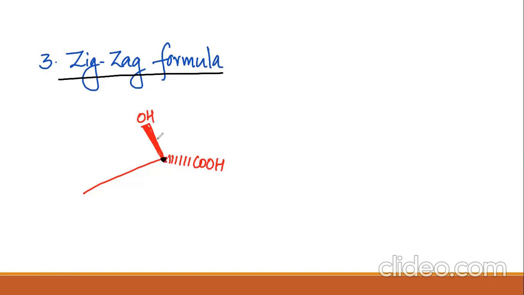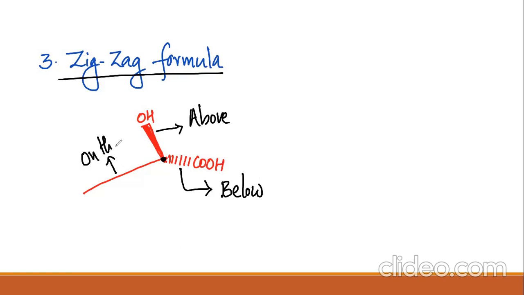Okay, others are the same. This dark line indicates that the bond is above the plane, and this dotted line indicates that the bond is below the plane, and the straight bond indicates that it is on the plane, and we have one more bond that is towards the hydrogen, that is not represented in the zigzag formula.